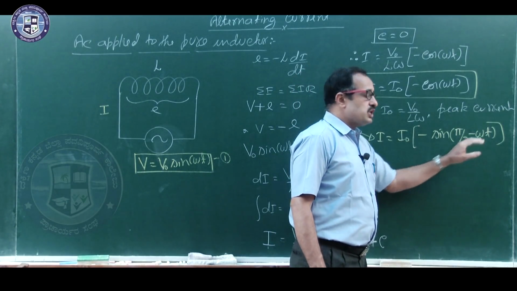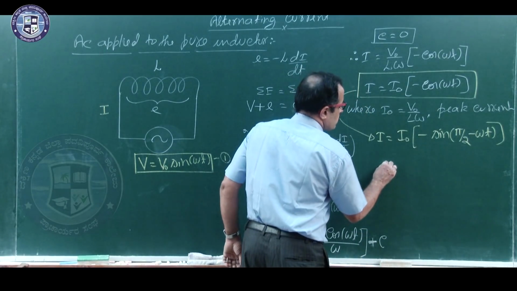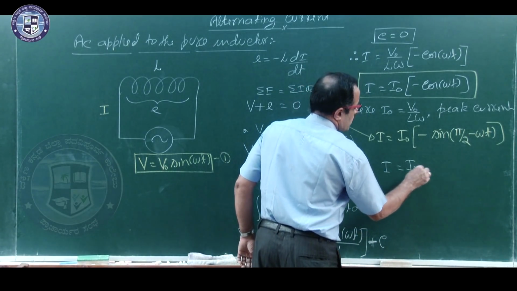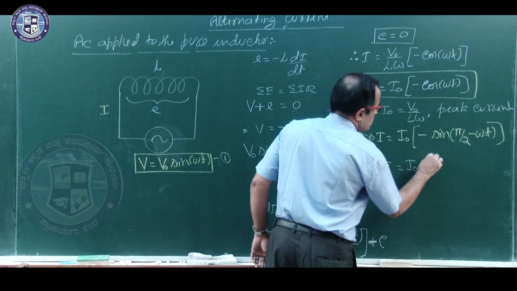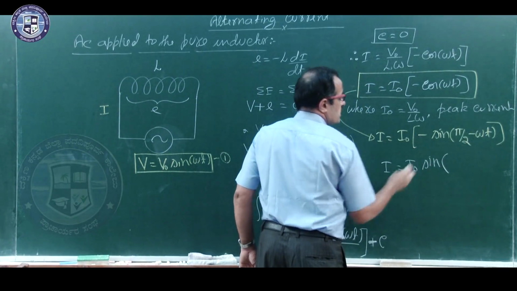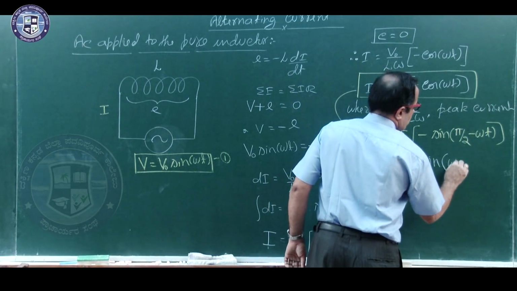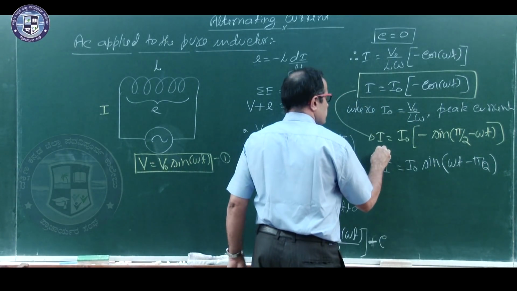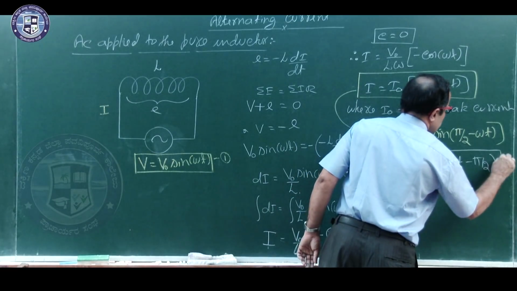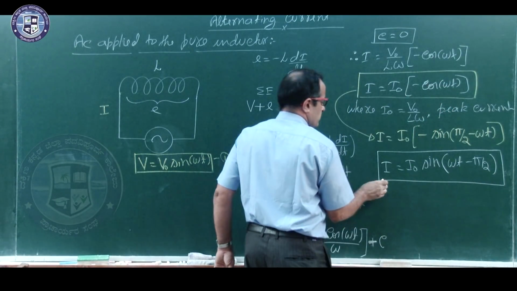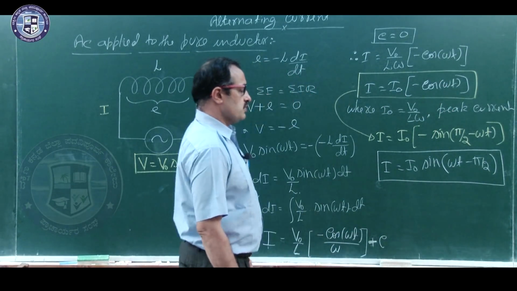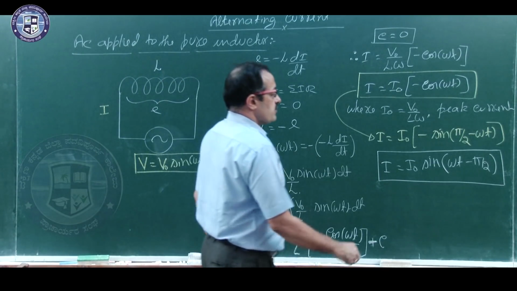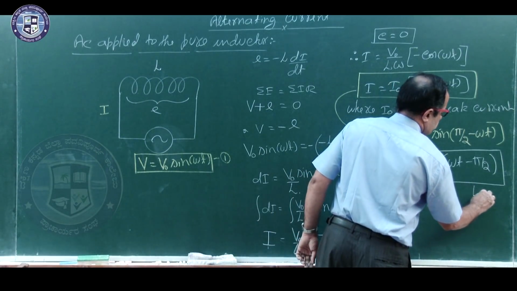Then I is equal to I naught into sine omega t minus pi by 2. It is the equation for current. So, let us say equation 2.